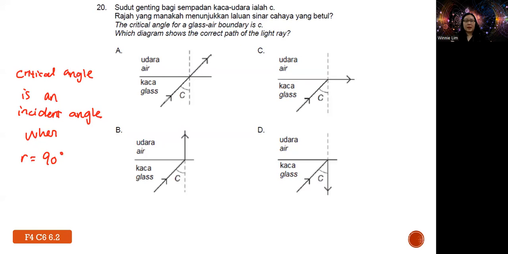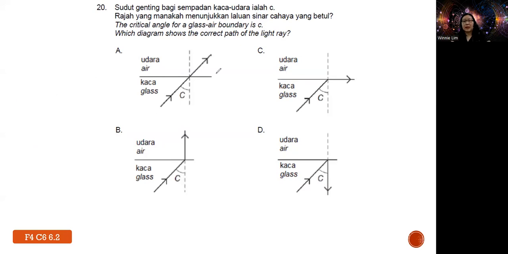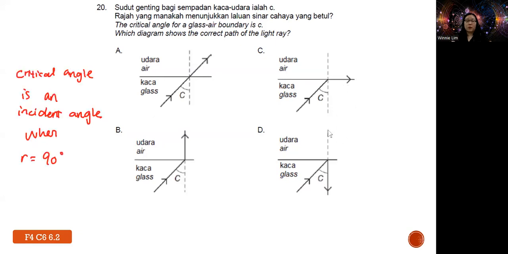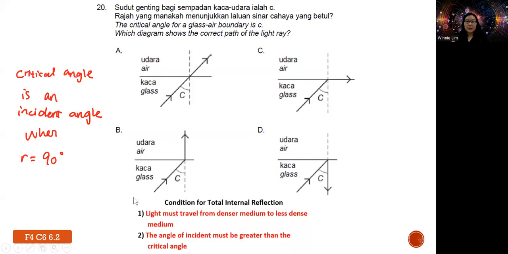Your incident ray must be from a denser medium to a less dense medium. So this idea is under total internal reflection as well.